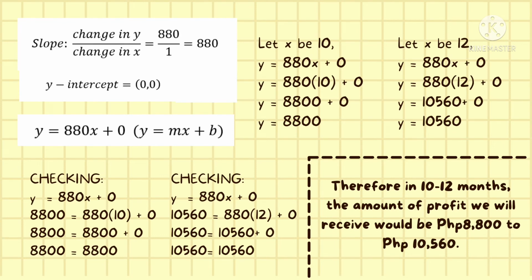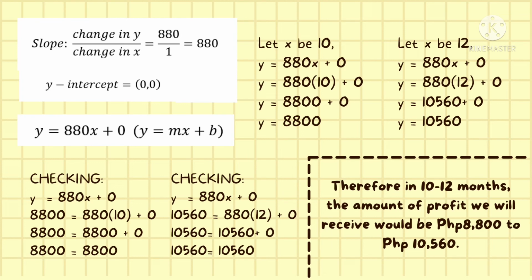And then we add 10,560 to 0, to which the final answer would become 10,560. Based on the equation, if the value of x is 10, then the value of y is 8,800. And if the value of x is 12, then the value of y is 10,560.